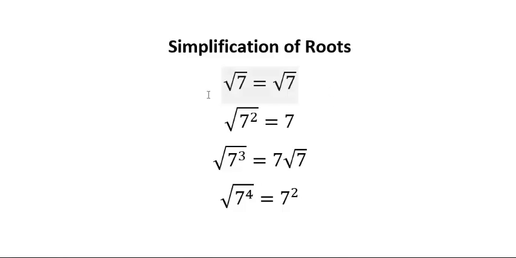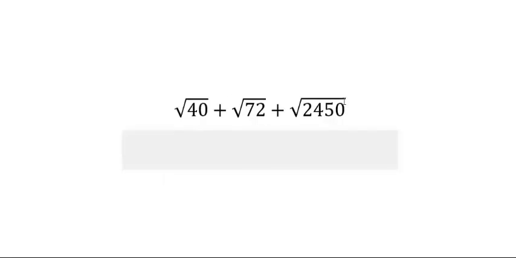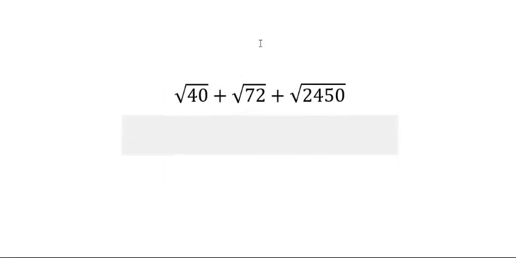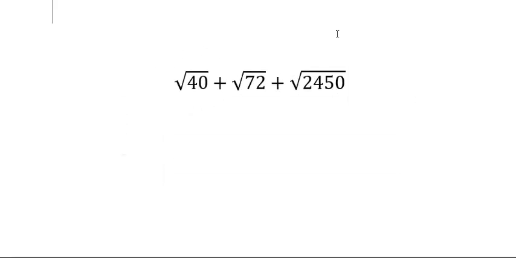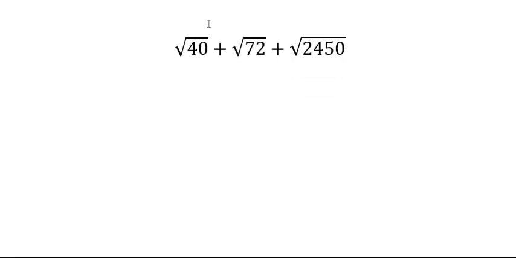So we're going to use this idea to solve an exercise of operations with irrationals. When we have very big numbers, composite numbers, we have to decompose them. How are we going to decompose them?